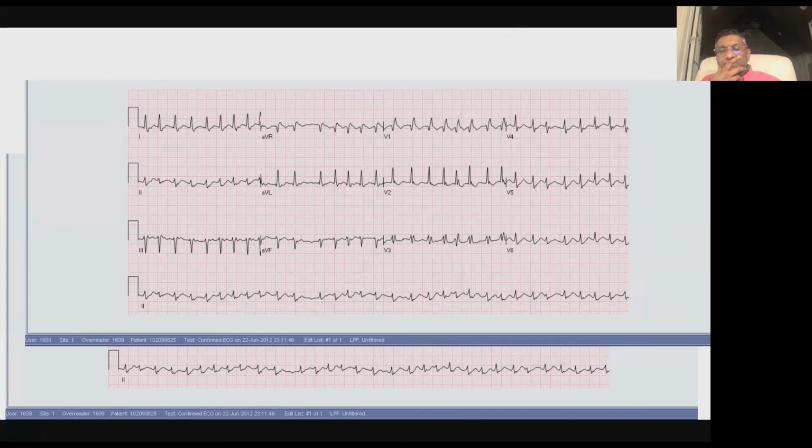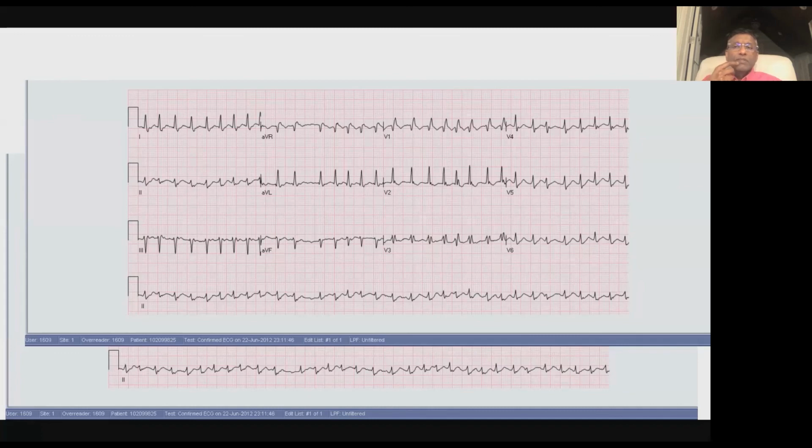So it looks like an irregularly irregular tachycardia with, I can't see the P wave properly, sir.